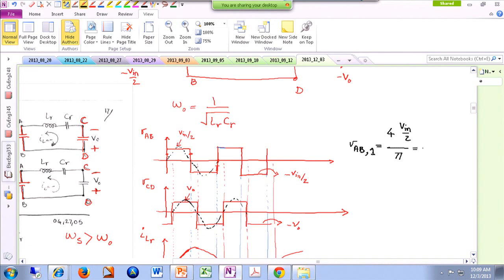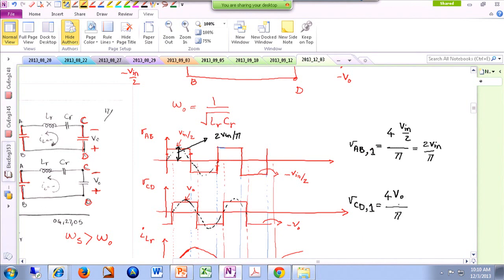So 2Vin over pi is this amplitude. For VCD, we can do the same thing, only the fundamental harmonic in terms of amplitude. Again, it's 4 times the magnitude of the signal Vout over pi. That's it.